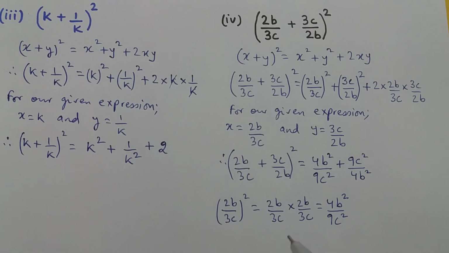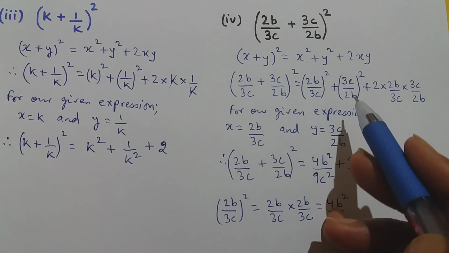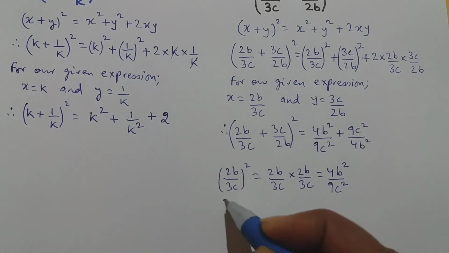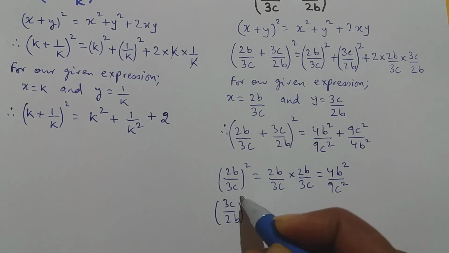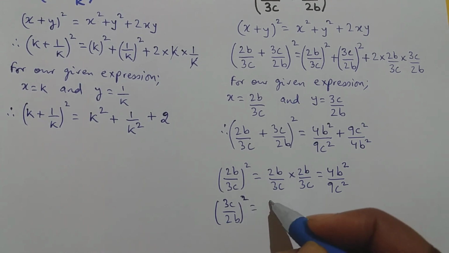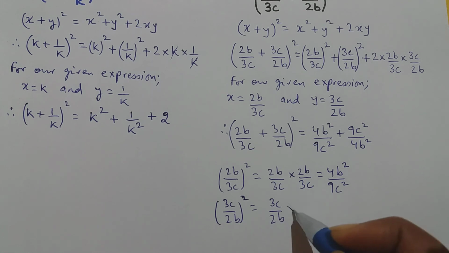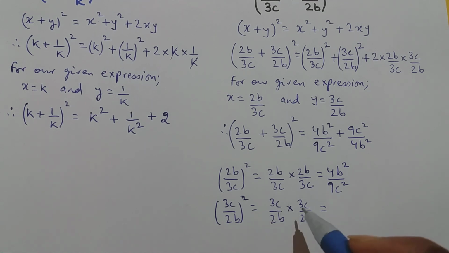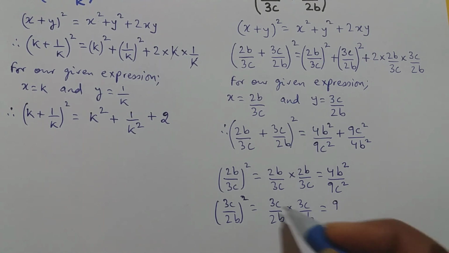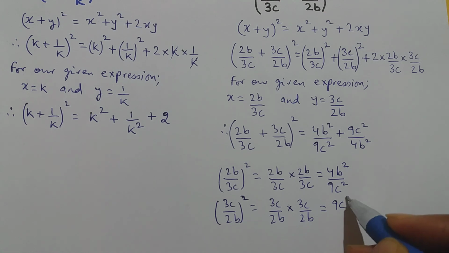I will solve it for you if you do not understand this. 3c upon 2b whole square can be written as 3c upon 2b into 3c upon 2b. Let us multiply the numerators: 3 into 3 is 9, c into c is c square.